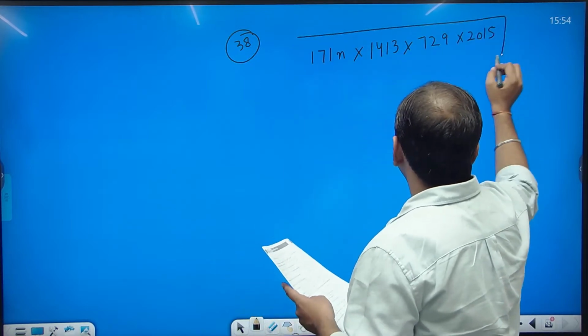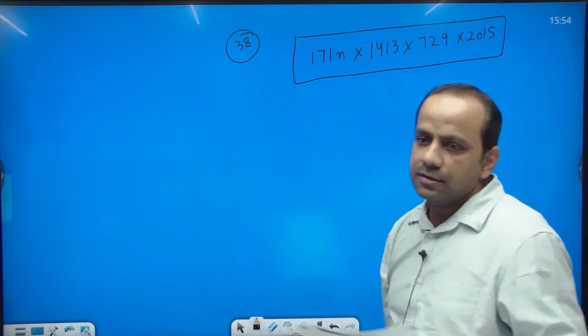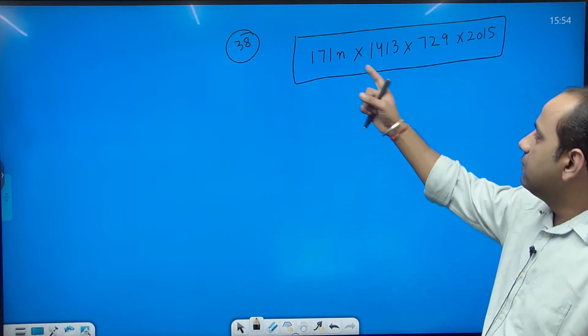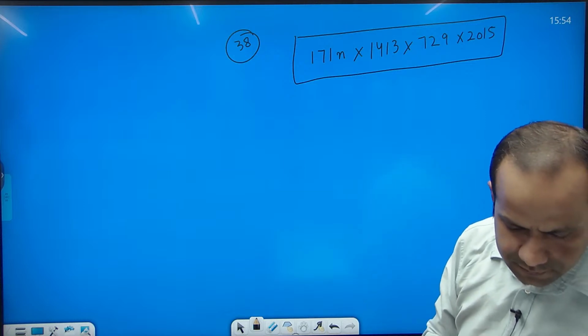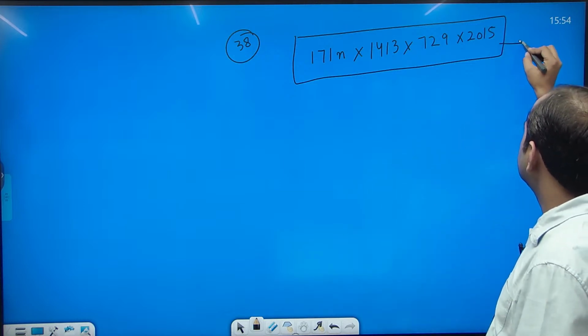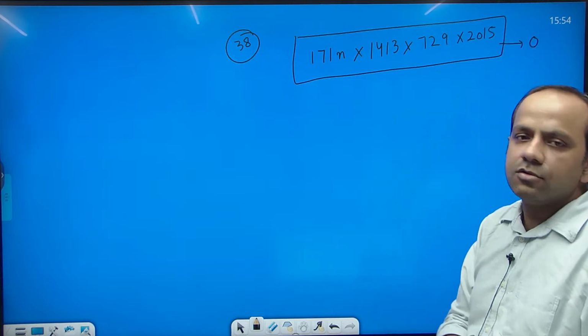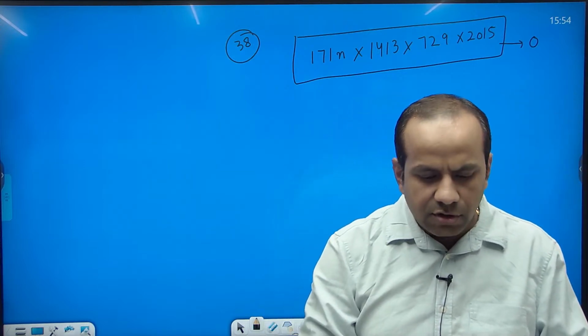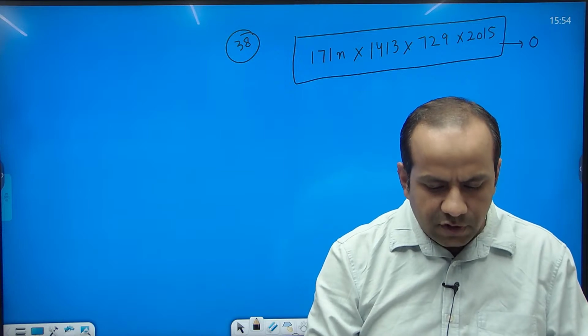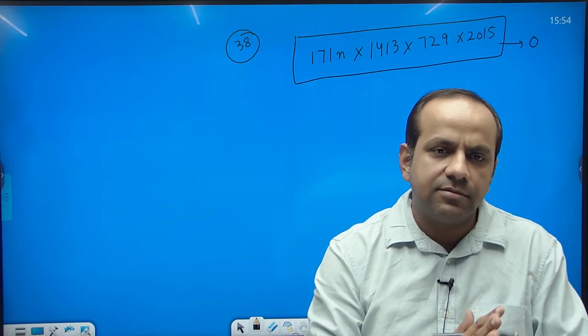See, the question is we are multiplying these four numbers and the unit digit we are getting is 0. Okay, so we are getting unit digit as 0. This is clear. Now the question is asking: what is the maximum number of values that n may take?